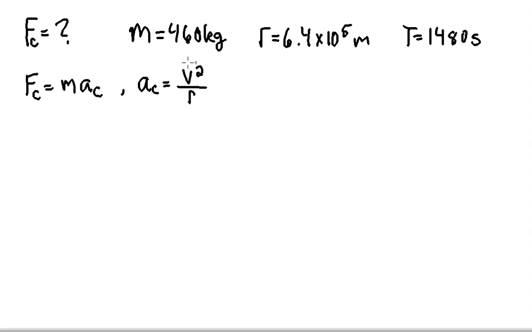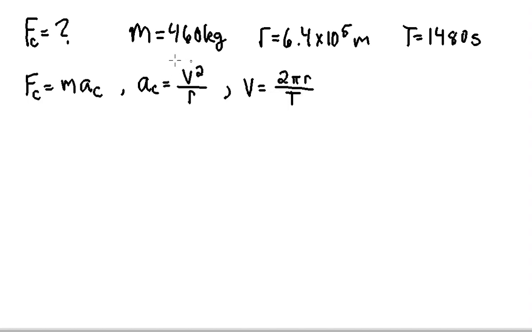Now we don't have the velocity squared, but what formula on the board has velocity in it? The orbital velocity is equal to 2 times pi times r divided by the period. We do have r, we do have the period. So we're going to need to replace v with what we know that v is equal to.